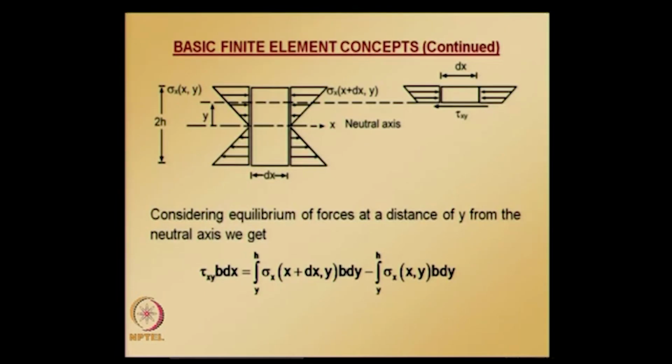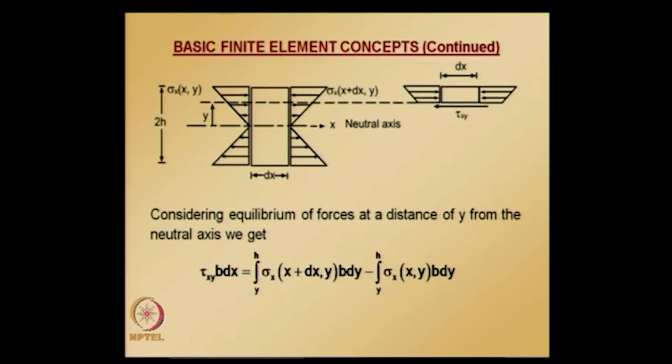Simplifying this equation by substituting for sigma x, which we have just seen is sigma x equals minus M y divided by I, with a negative sign.